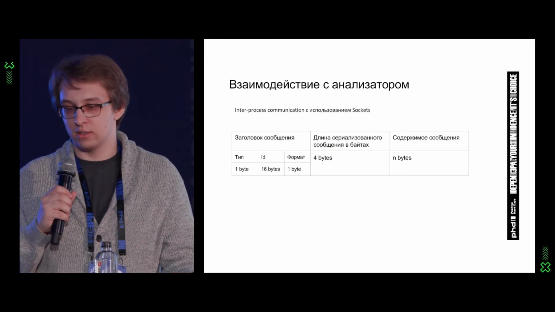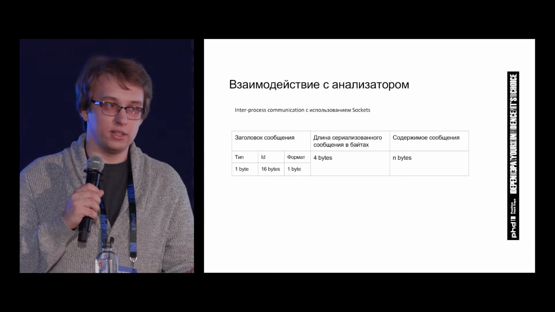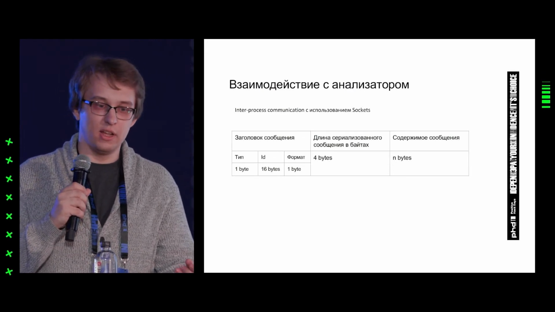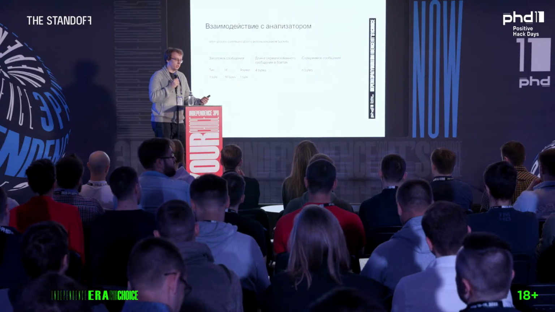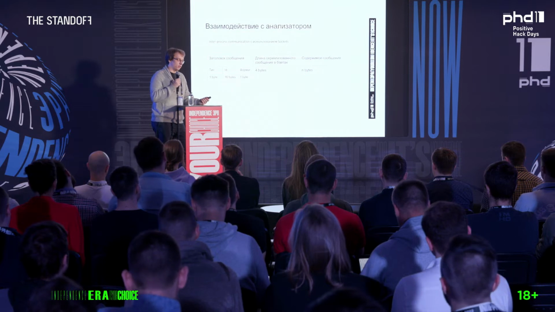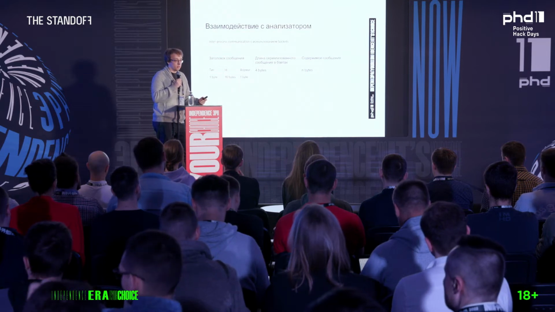There are three components to it. We have the header, the length of the message, and the content of the message. In the header, we have the type, ID, and the format.